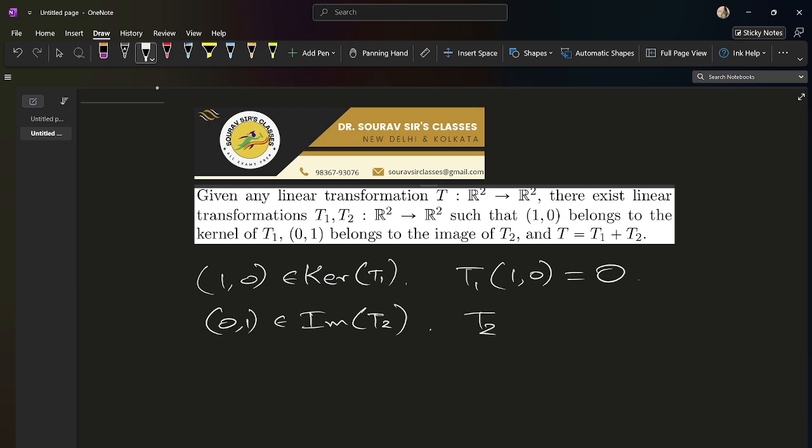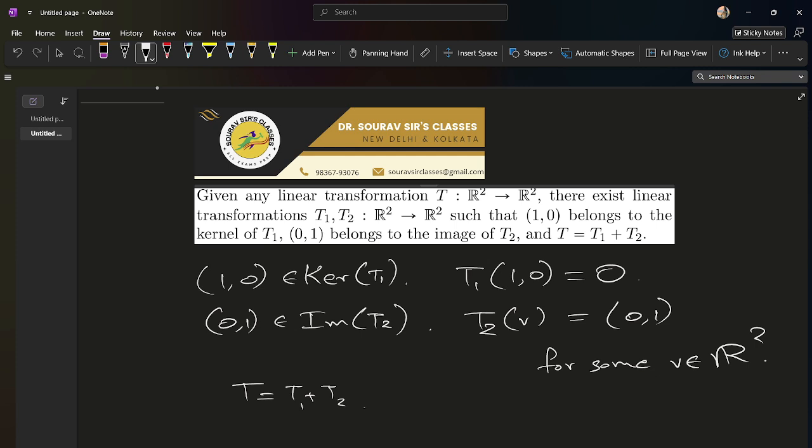So our T2 of v equals (0, 1) for some v which is in R square. And they have told us that T equals T1 plus T2. So now we are going to analyze the conditions.